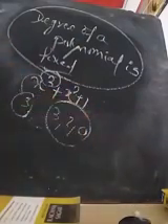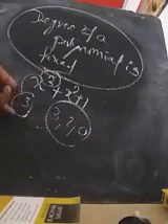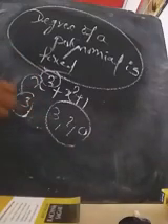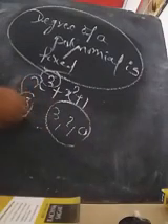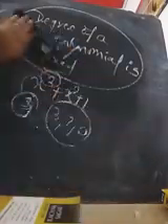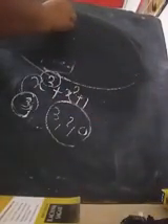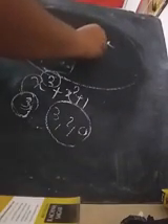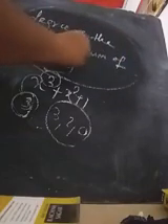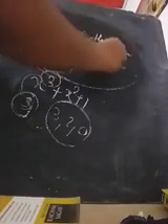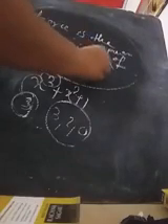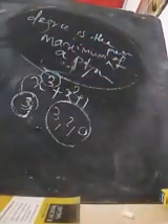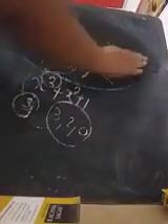But degree is one of the powers. So we can write: degree is the maximum power of a polynomial. Right? I think you all have a clear idea on this.